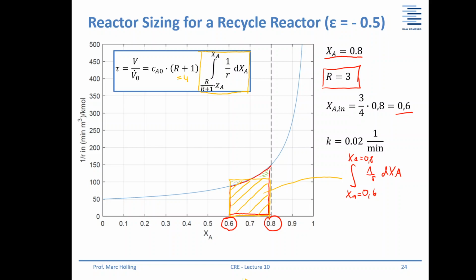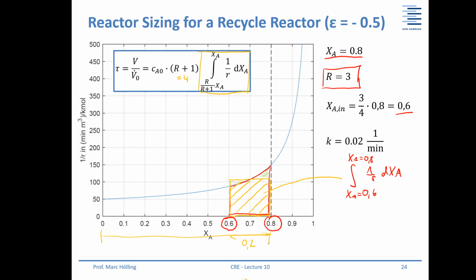The difference here is 0.2. If you multiply this by 4, you get the total length from the beginning till the end.